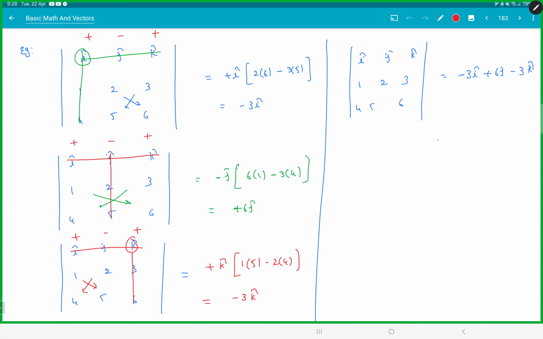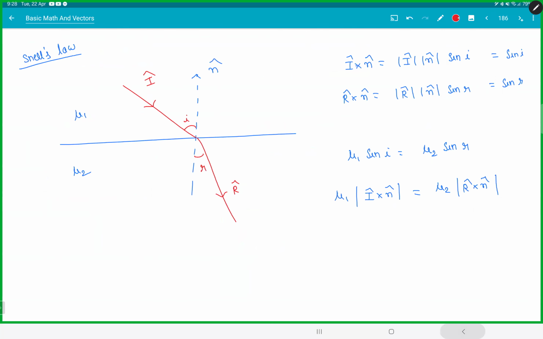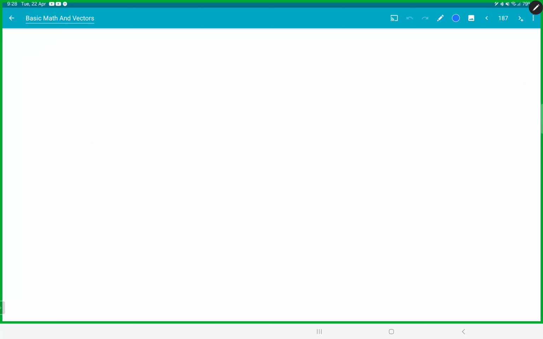Let's see some questions. Any doubts so far? Anything you're not clear, please ask. Let's see a question. Let's say A bar is 2i minus j plus 3k. B bar is 3i plus 2j minus 2k.